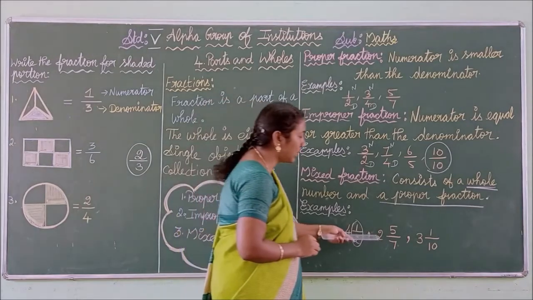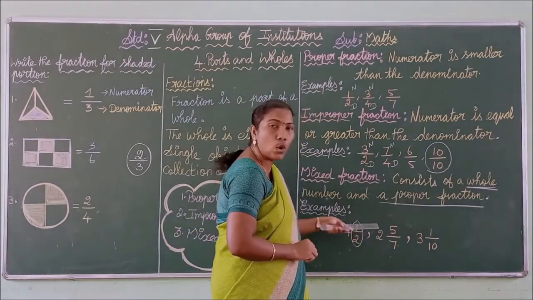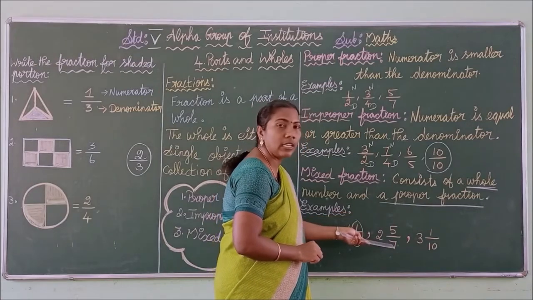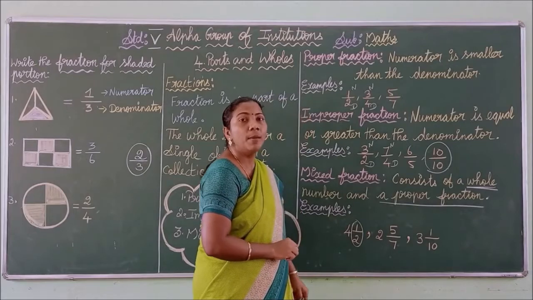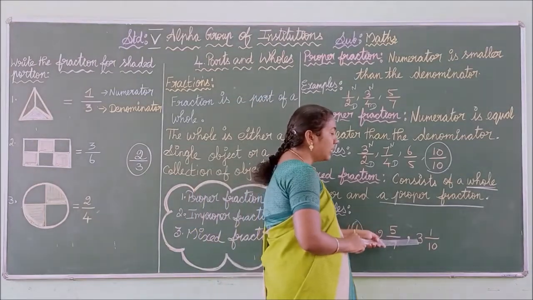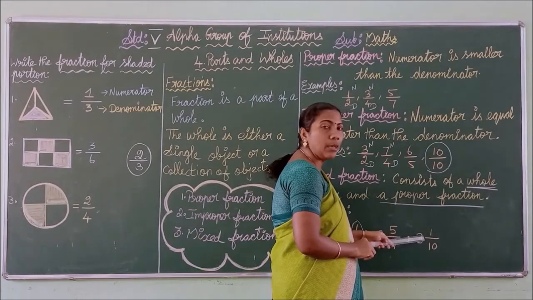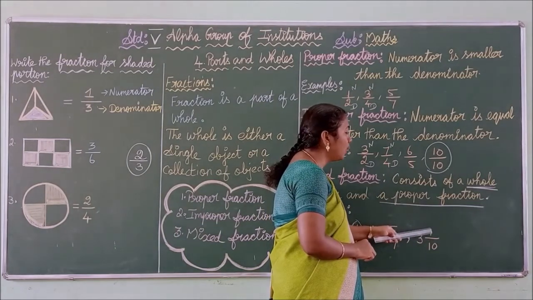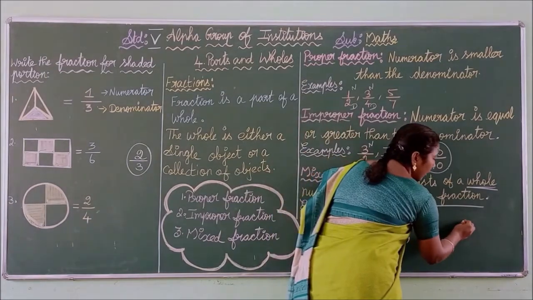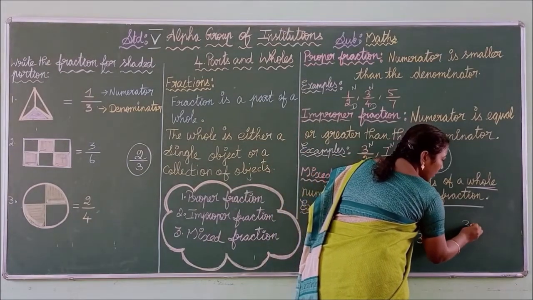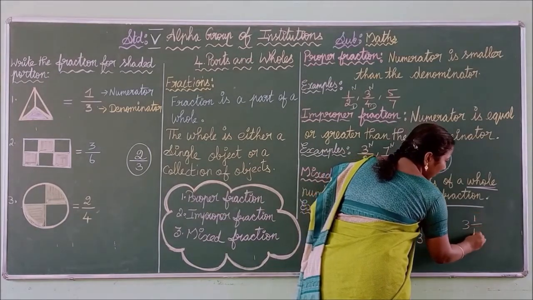So such types of fractions are said to be mixed fractions. Okay, see the next example: 2 and 5 by 7. See here, 2 is a whole number. 5 by 7 is a proper fraction. So this type of fraction is said to be a mixed fraction. See the next one: 3 and 1 by 10. 3 is a whole number and 1 by 10 is a proper fraction because numerator is less than the denominator. You have to write that 3 here and the bar should come nearer to 3 like this, and you have to write the number like this only.